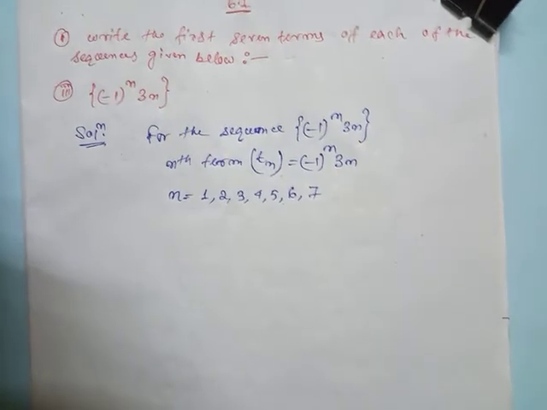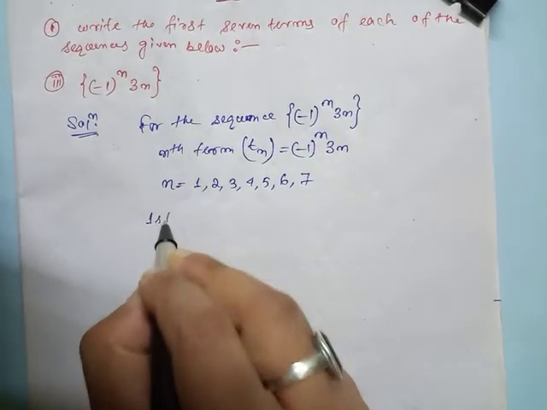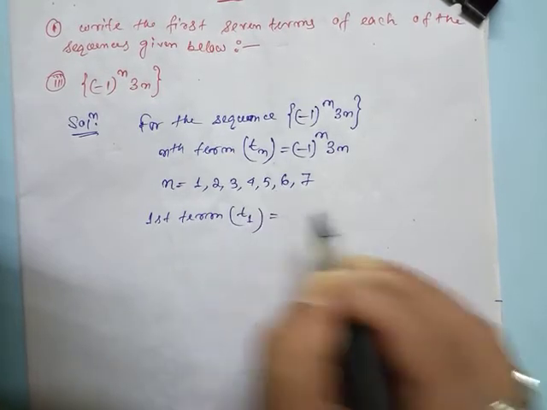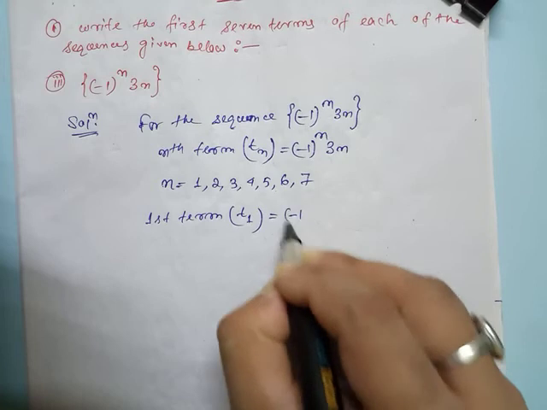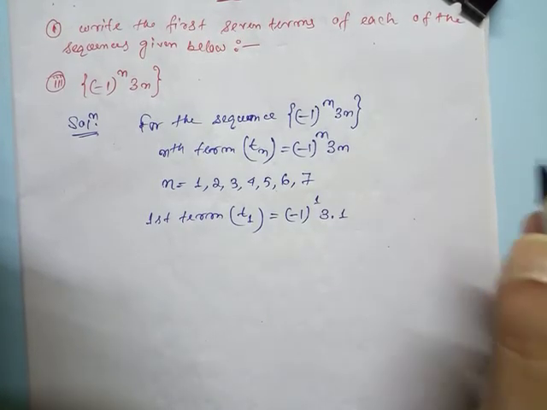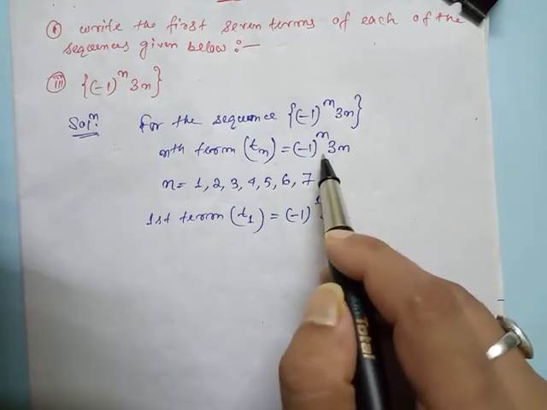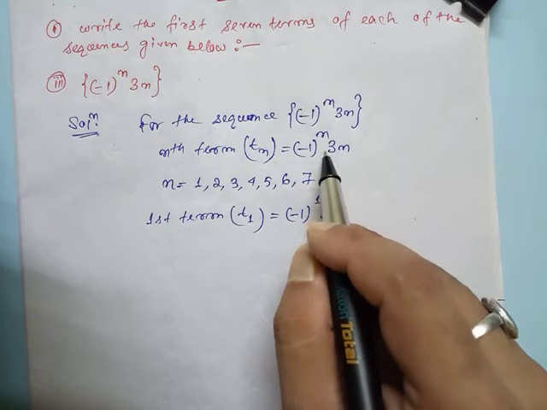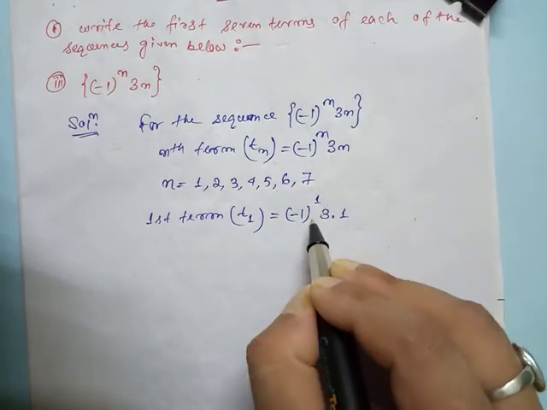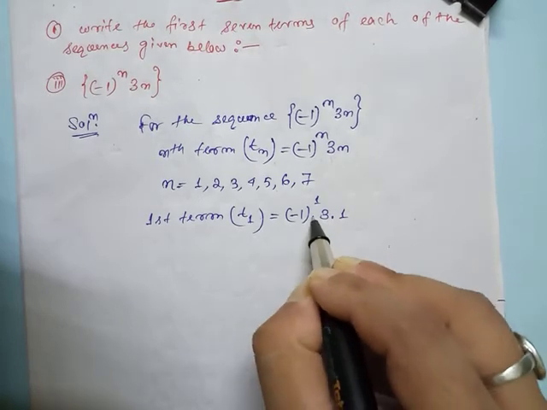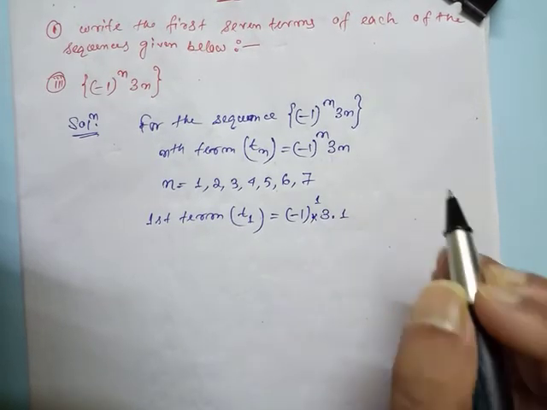Now first term means t1 equals minus 1 to the power 1, 3 into 1. There is nothing between them, it means into, mind it. Minus 1 to the power n, there is nothing, it means into, 3n. So we can write here a dot meaning into, or directly we can write a cross symbol like this.